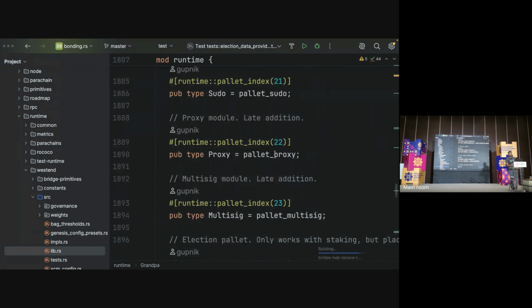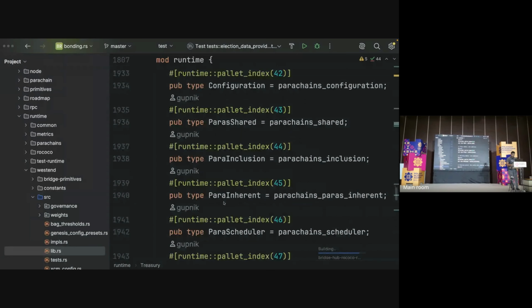This pallet utility: somebody asked me if we can batch extrinsics together, so I'll show you an example of this. There's also a multisig. This is a stateless multisig, but we can look over it and find some nice things from here. I'm not very familiar, but I can totally look with you guys at referenda and treasury.